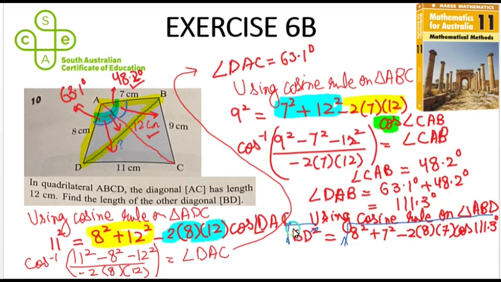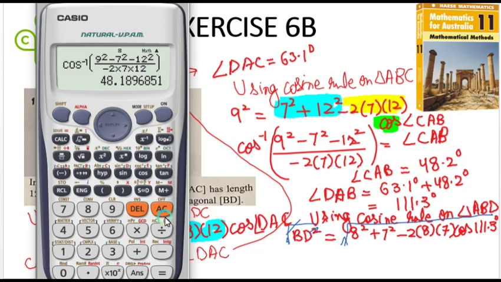And this square and square root cancelled, and we can simplify using the calculator. So it is square root of 8 square plus 7 square minus 2 times 8 into 7 into cos of the angle. Angle is 111.3. So after simplification we get BD is equal to 12.4 after rounding off.